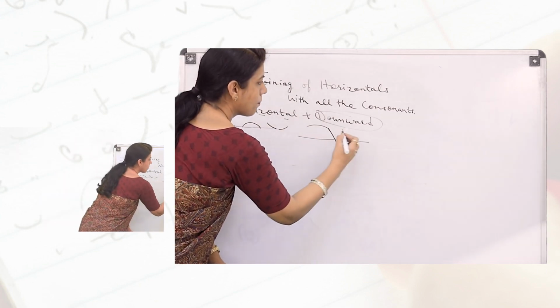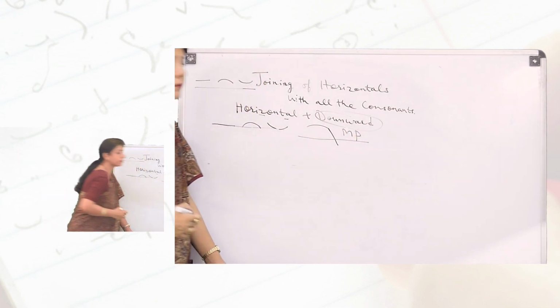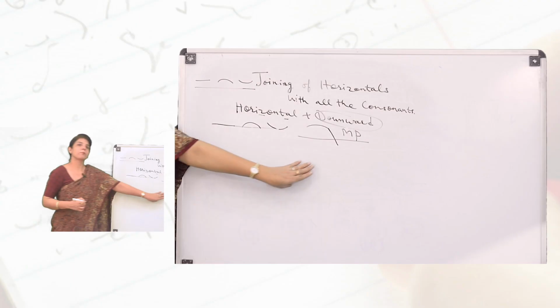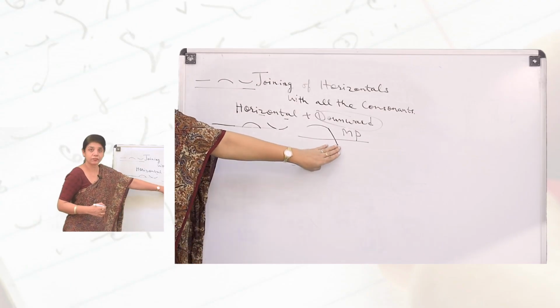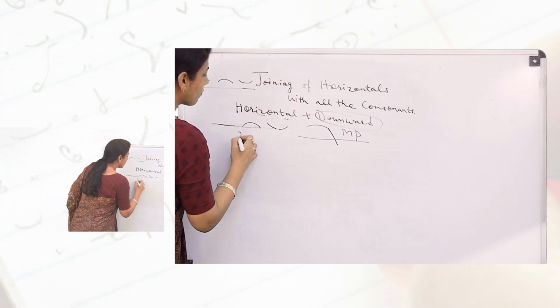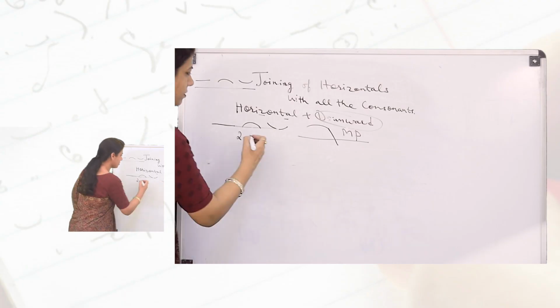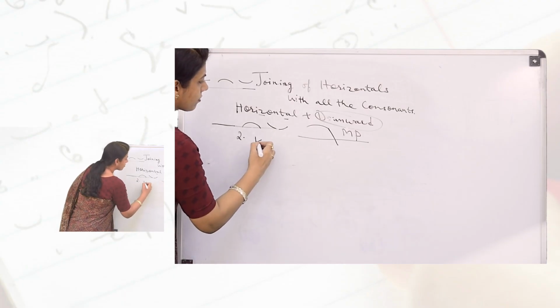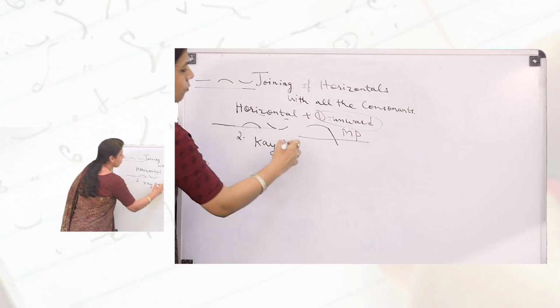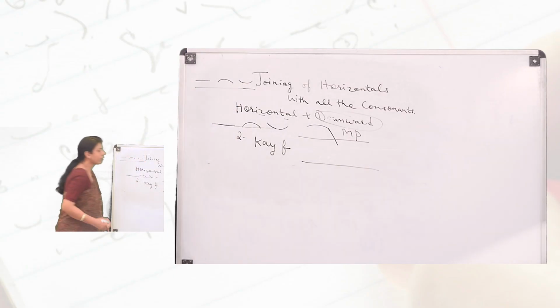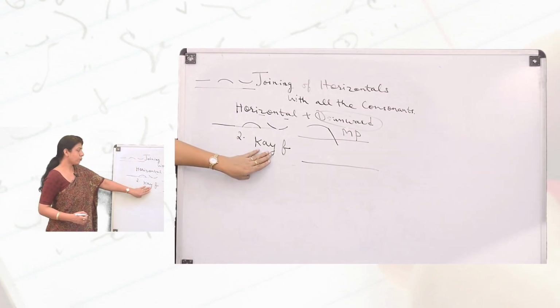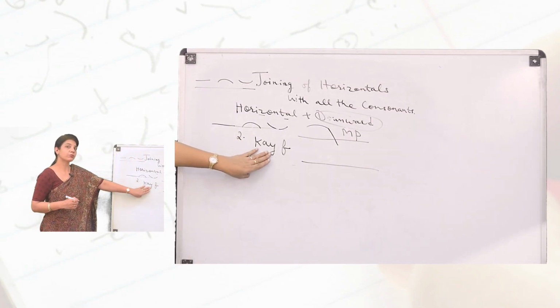So this is M and P. So this is a joining of M and P at third place. Now take one more example, horizontal plus downward. Horizontal is K, downward is F. So as I said just now, it's not possible to represent horizontal through the line.